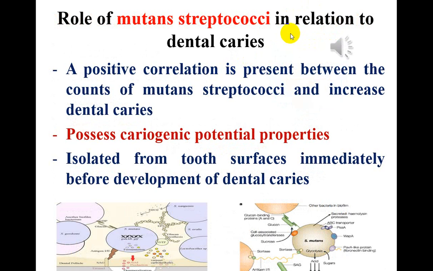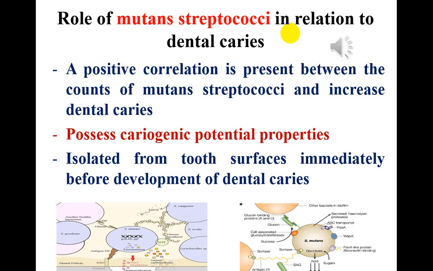Mutans Streptococcus is considered to be a cariogenic bacteria, as from different animal and human studies, a positive correlation was reported between the counts of these bacteria and the increased prevalence and severity of dental caries.